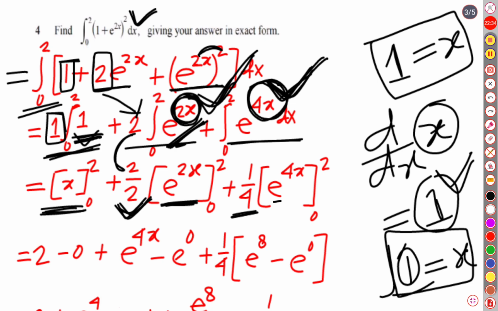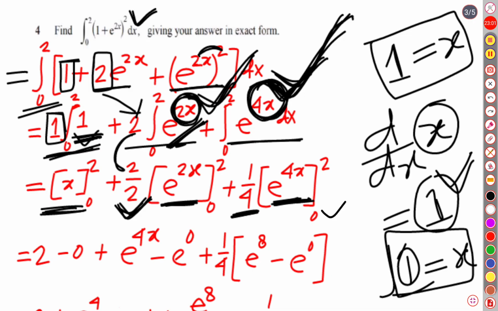After that, the function e raised to 4x will remain unchanged. So what have we learned? In the case of e raised to something, simply we will differentiate the exponent, then that derivative will divide the coefficient, and the function remains unchanged. It doesn't undergo any changes.